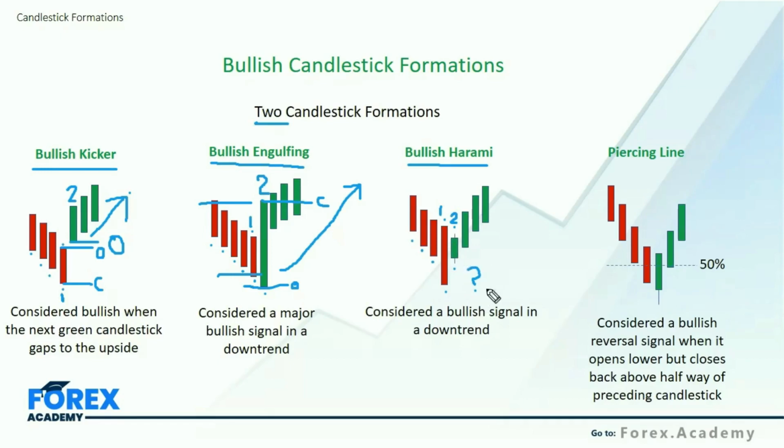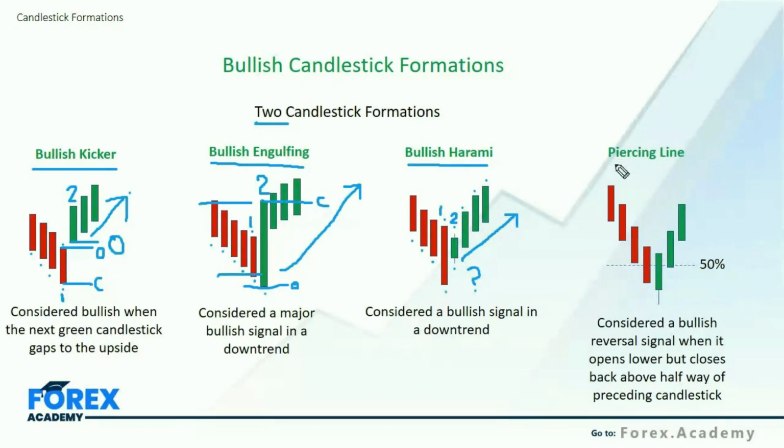So that creates a bit of doubt in the minds of sellers, and it gives buyers a fantastic opportunity to look to capitalize on this price action, look to get into this market and look to drive this price higher. So this is stacking the odds in your favor again to the upside if you identify a bullish Harami in this way. So it's considered a bullish signal in a downtrend.